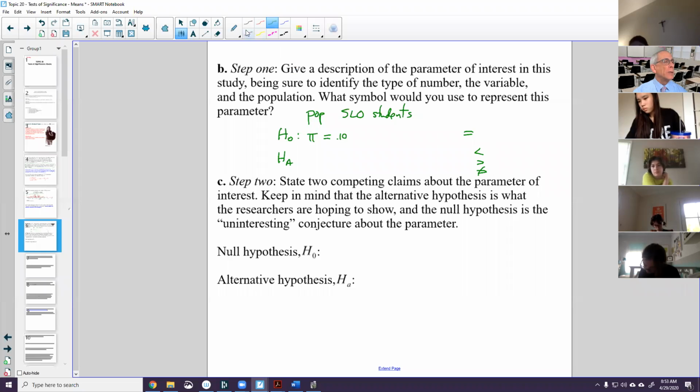What symbol are we going to use when we're dealing with a mean? X bar? No, X bar is the statistic. We're trying to find the parameter here. You're running out of options. So you know it's not pi, and you know it's not X bar. What is it going to be? P hat? Nope. Then you've got one more left. Go for it.